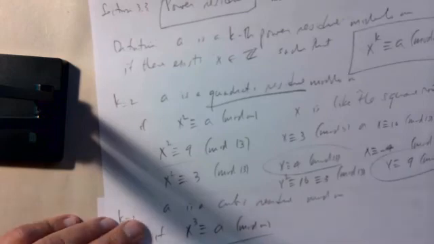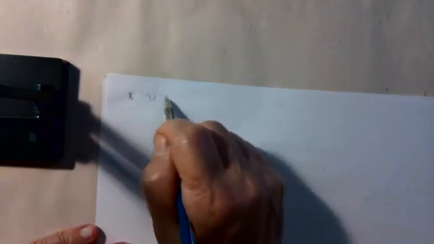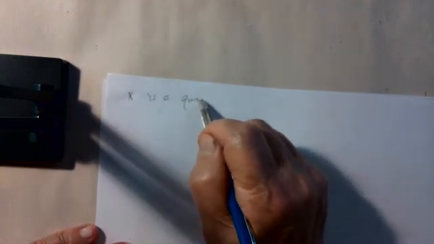So looking for quadratic residues, of course, you know that in ordinary arithmetic, not every number has a square root. Like -1 doesn't have a square root in the reals. So let's just look at an example.